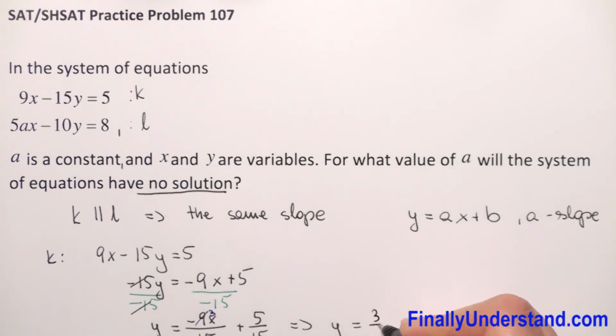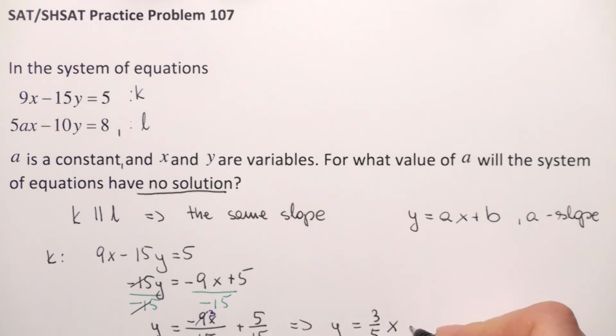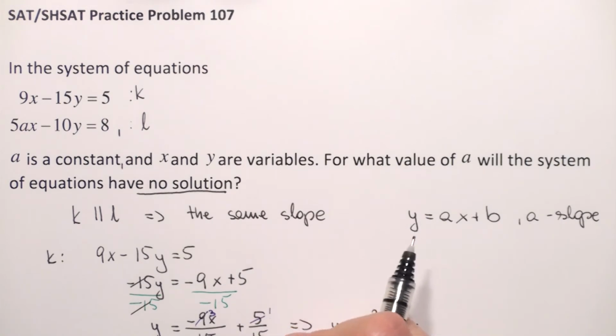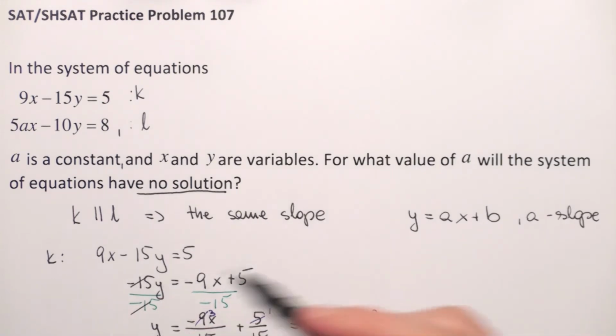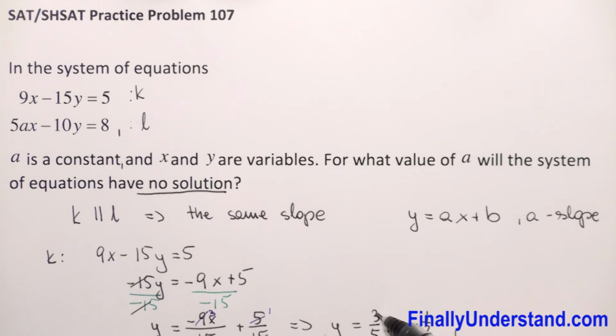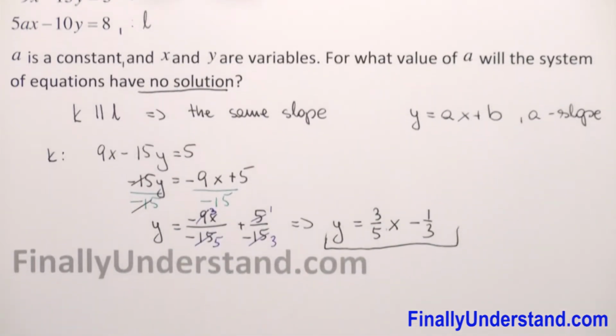So we have 3 over 5 x, and positive and negative gives negative, so 5 and 15 will be 1 and 3. So we have line K, and we see that the slope of line K is 3 over 5.